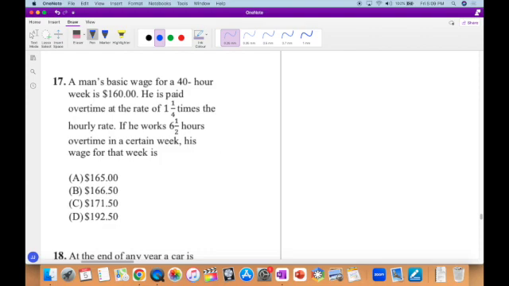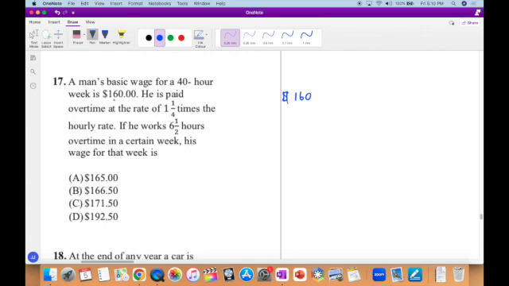If he works 6.5 hours overtime in a certain week, his wage for that week is... So for the normal 40 hours he worked, he would have gotten paid $160.